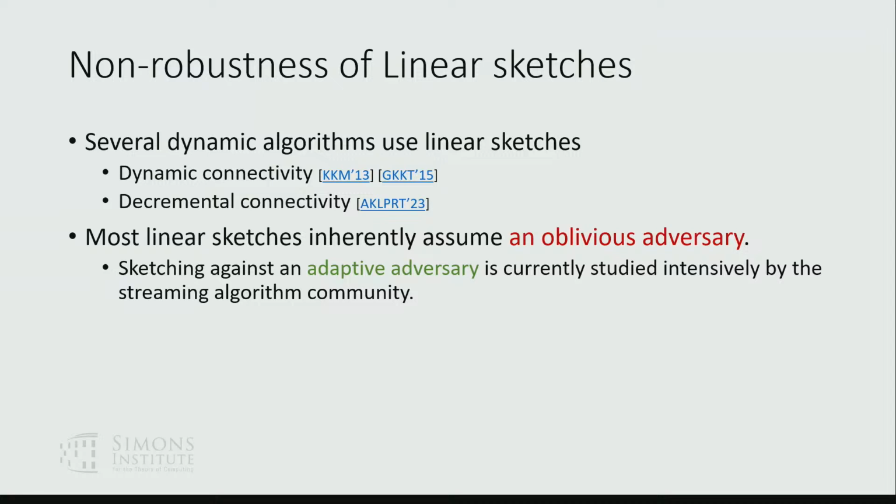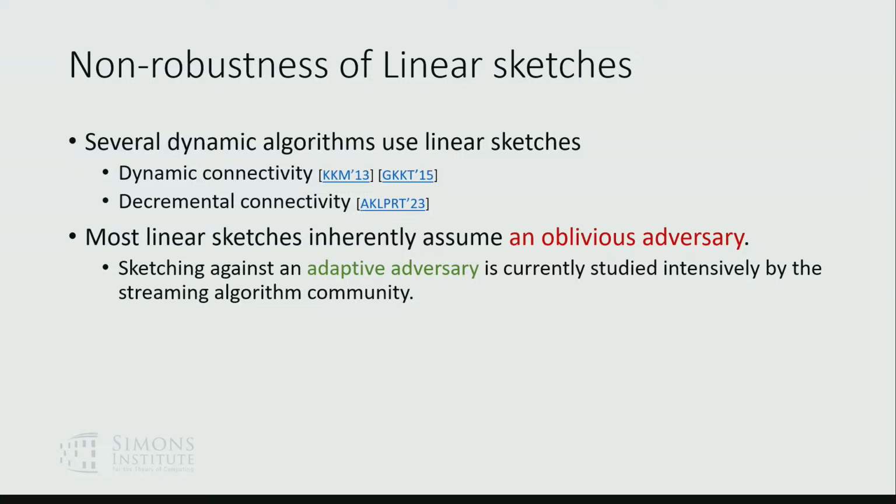And the thing is that linear sketch usually inherently assumes an oblivious adversary because it uses some hash function. And the random choice of how you generate the hash function, you want to hide that random choice, how you sample the hash function.